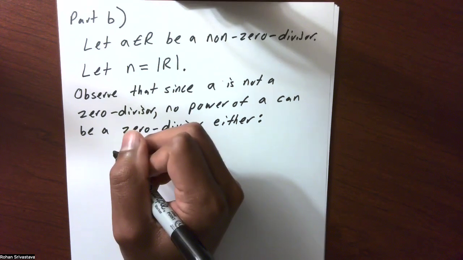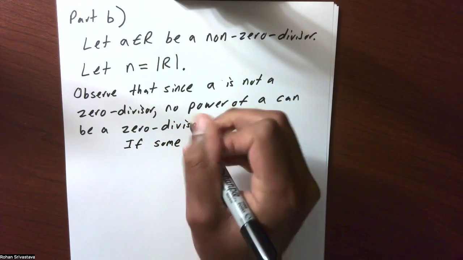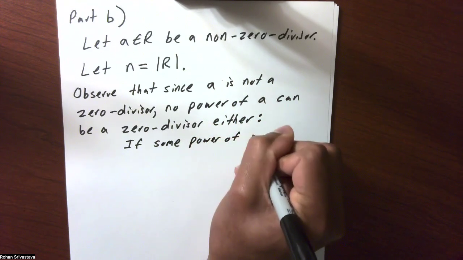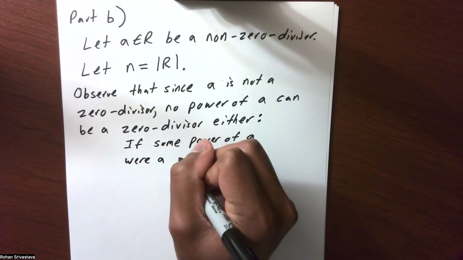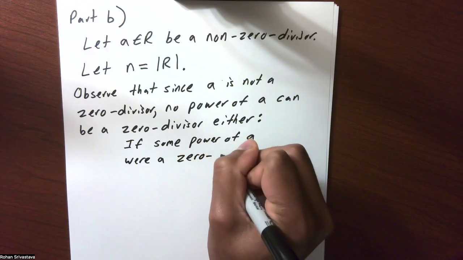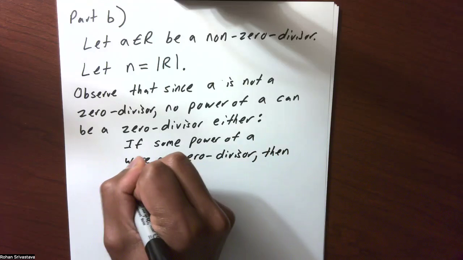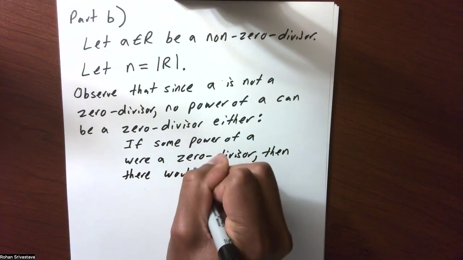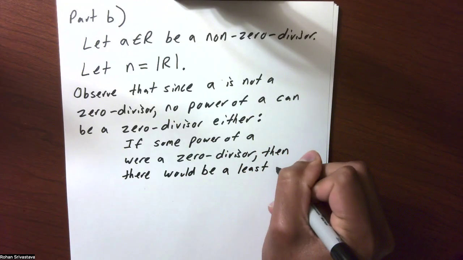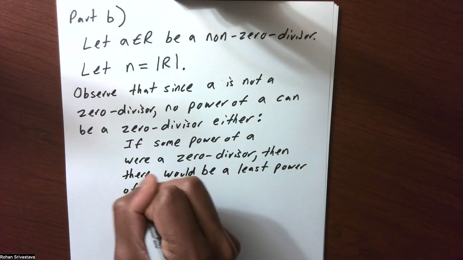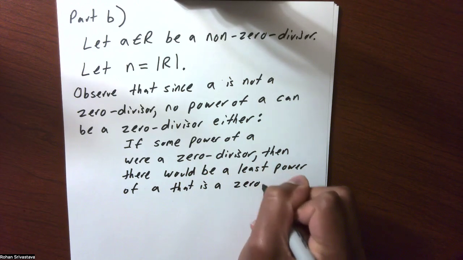So just to be totally sure of it, if some power of A were a zero divisor, then there would be a least power of A that is a zero divisor.